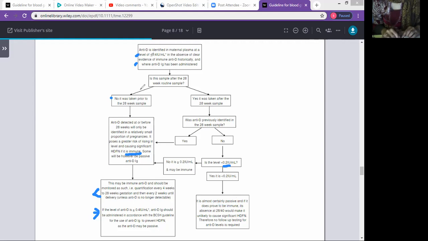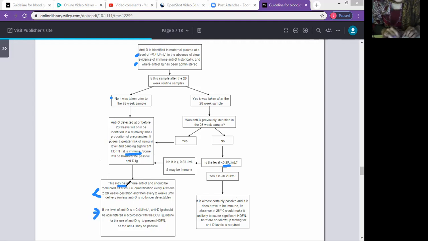In the case where the sample was taken prior to 28 weeks, and there is a history of anti-D being administered earlier in the pregnancy, then there is a chance that it may be immune.